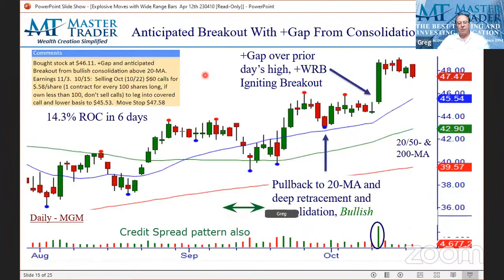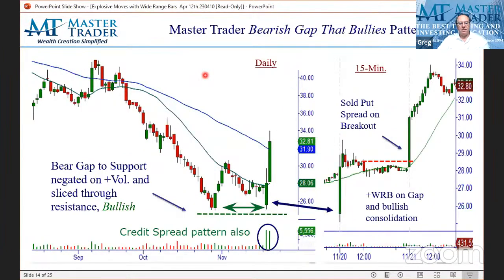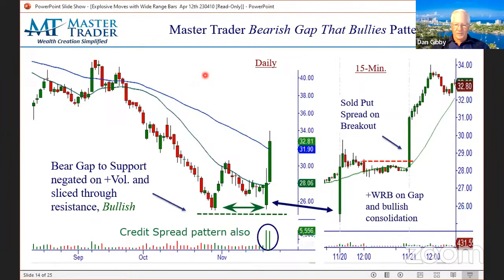Is pointing out that retest in the gap reversal. I mean, that's another no-brainer, put spread setup there when a bar like that. Yep. And yep, look at the volume.